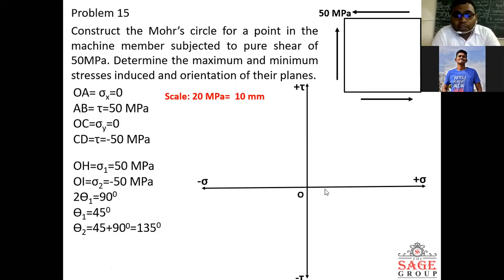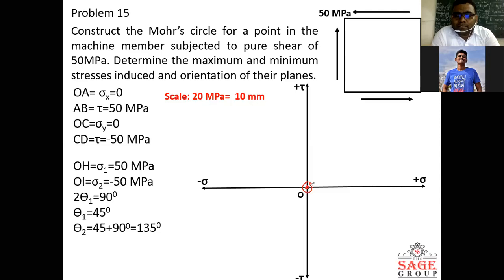It means both sigma x and sigma y lie at the origin. That is the meaning of it. If sigma x and sigma y are 0, both are lying here at the origin.